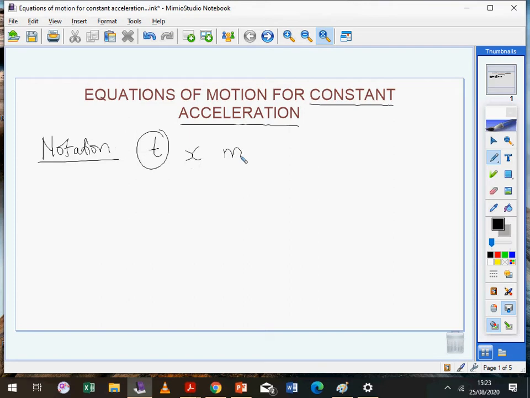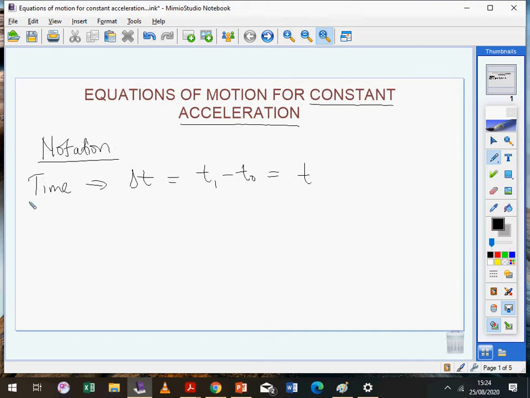So the most common notation for these equations of motion is that time is delta t. Remember, time changes, yes, but since the change is usually from an initial value to a final value, and initially t naught is considered to be 0, we're just going to use t always as our time symbol.